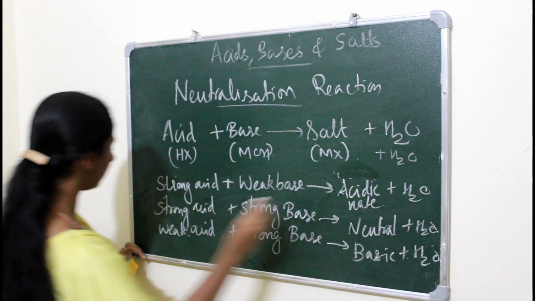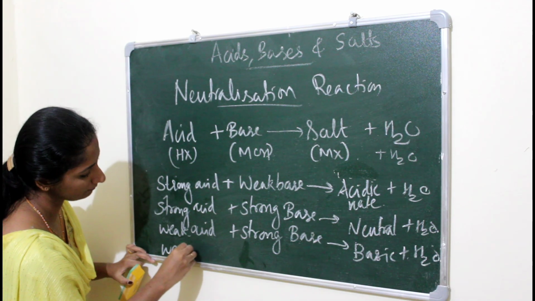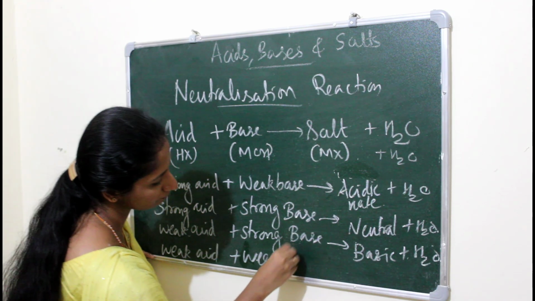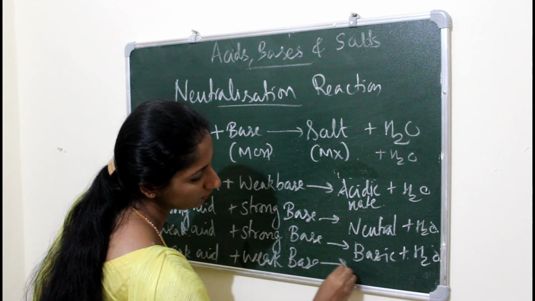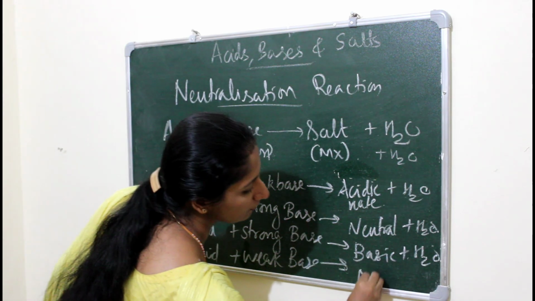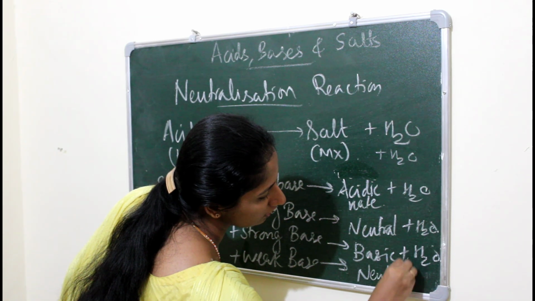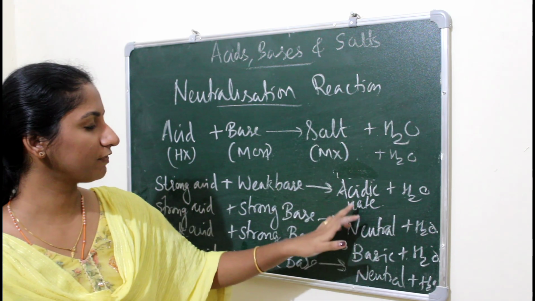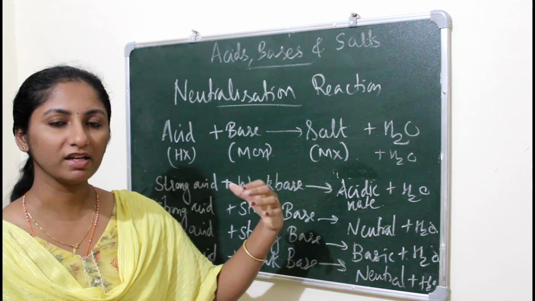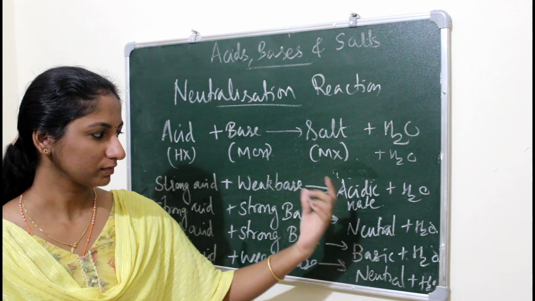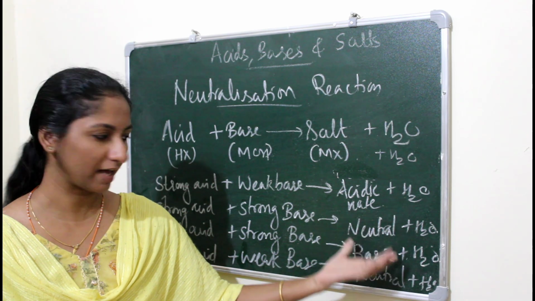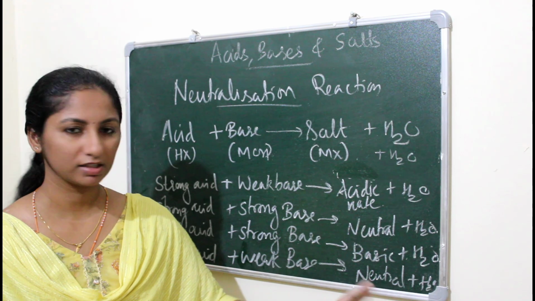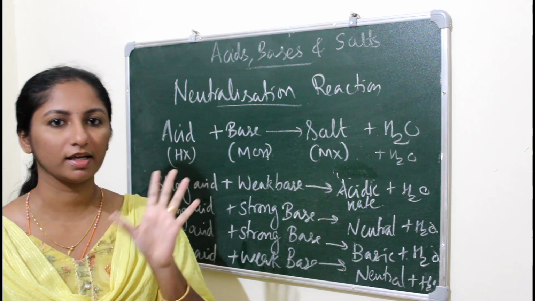Okay, so when we are taking the case of weak acid and weak base, then also the salt will show neutral range. That means here the salt will show the pH range in between 0 and 7. Here the salt will show the pH 7. Here in between 7 and 14. Here the salt will show the pH 7.